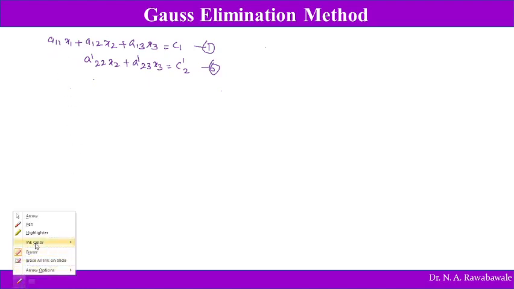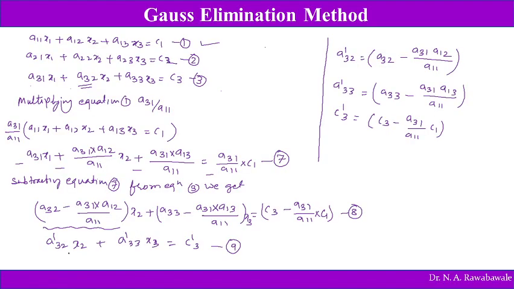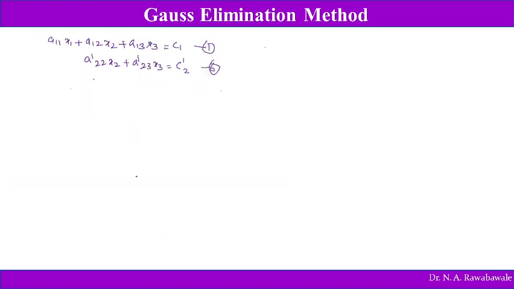Then again coming to equation number 9, a dash 32 x2 plus of a dash 33 x3, which is equal to c dash 3, equation number 9. So now you can see here this term x1 is missing.